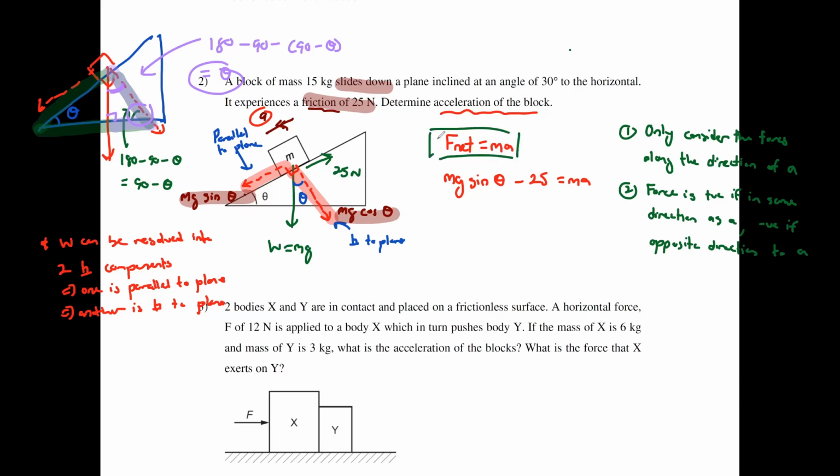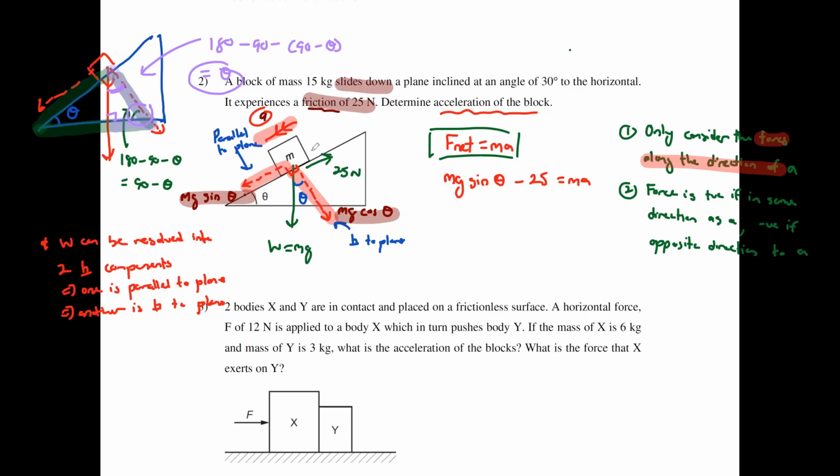So right now I want to find the acceleration. I want to use Fnet equals ma. I know that the block is sliding down along the plane. Its acceleration will be along the plane like this. So when I want to find out the net force that causes the acceleration a, I must only consider the forces that are along the direction of a.